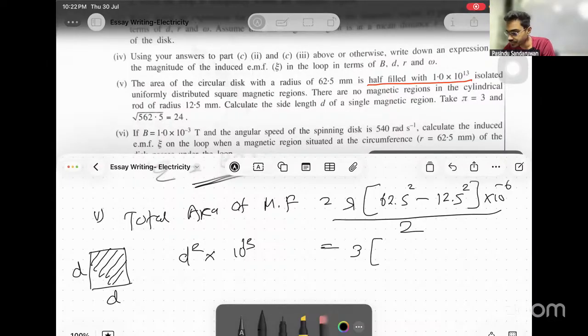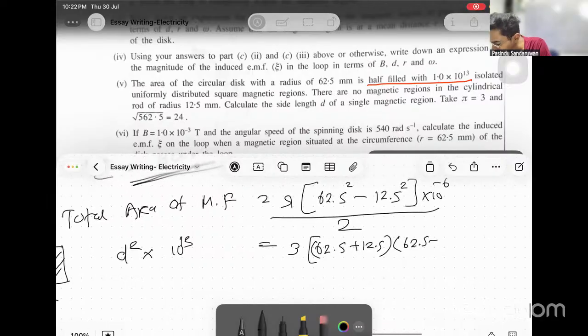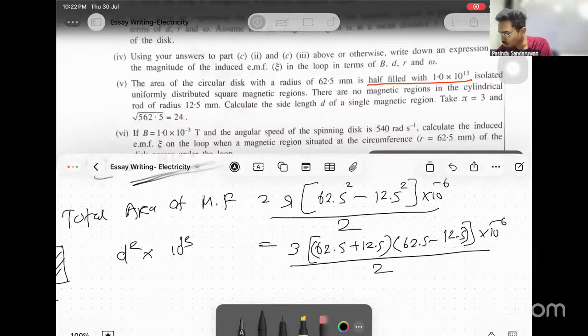That's better, the difference of squares. Then we can write this as 62.5 plus 12.5 times 62.5 minus 12.5, times 10 to the power minus 6 over 2.